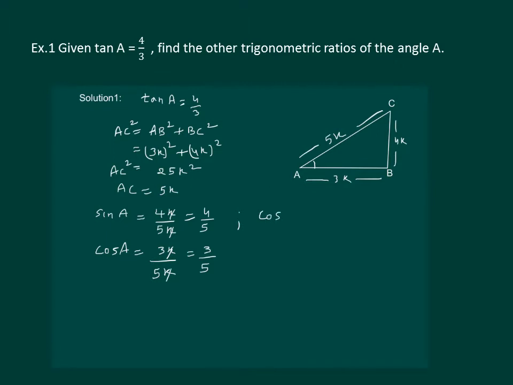We have cosec A equal to 1 by sin A, so cosec A is 5 by 4.